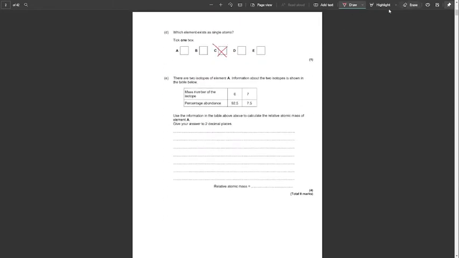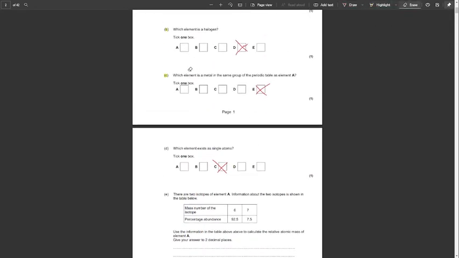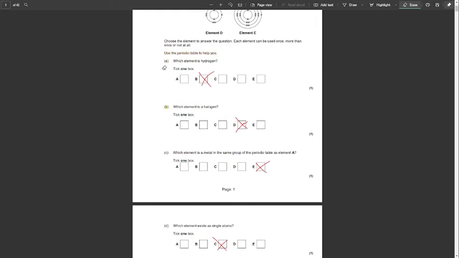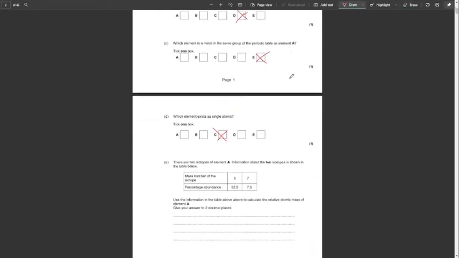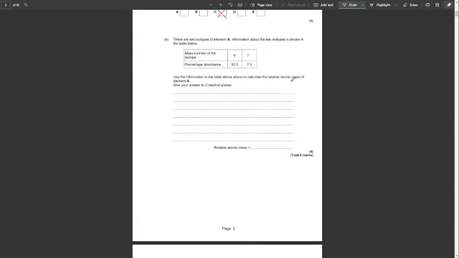Okay, so now that we've done some multiple choice questions and I've run through exactly what you would do to answer some multiple choice questions based on what the question is telling you, our next question asks us, there are 2 isotopes of element A. Information about the two isotopes is shown in the table below. So you're going to need this table.